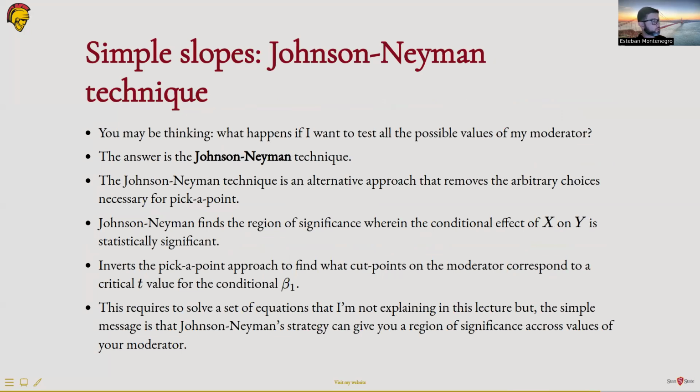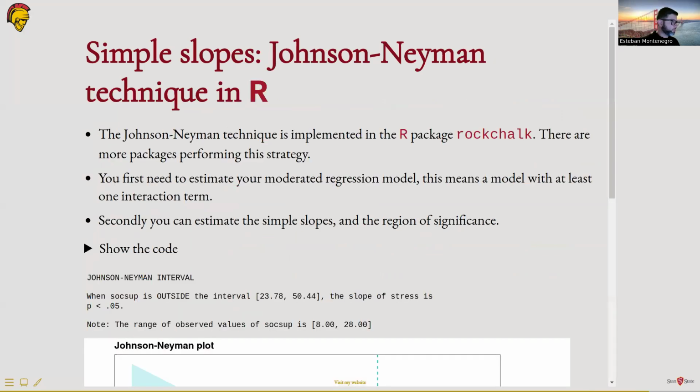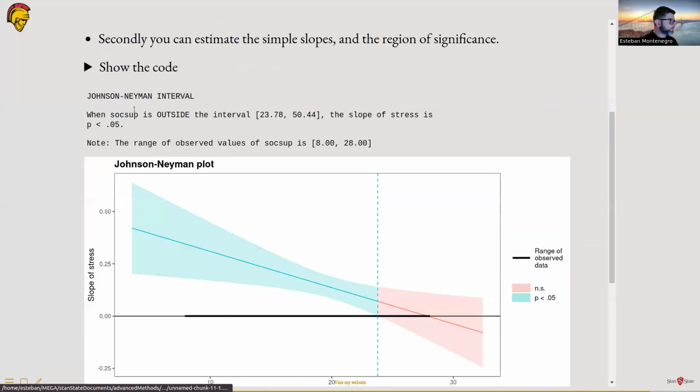Now, you might be thinking, can I test the relationship between stress and depression at each level of social support? Well, the answer is yes, you can. We can do something called the Johnson-Neyman interval, or Johnson-Neyman technique.